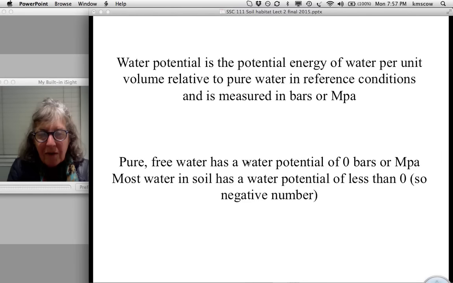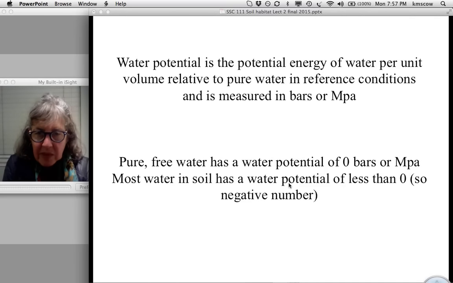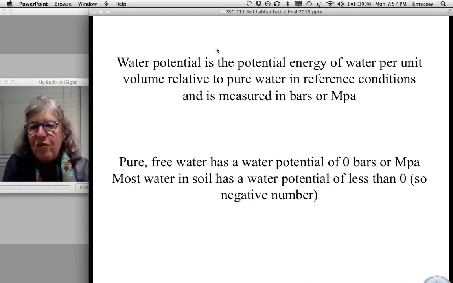So pure free water has a water potential of 0 bars or 0 megapascals. But most water in soil has a water potential that's less than 0, so it's going to have a negative number. So you can see that free water is water that doesn't have anything hindering it any way whatsoever.